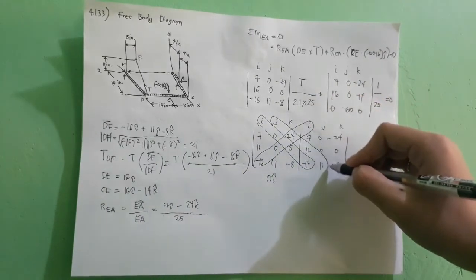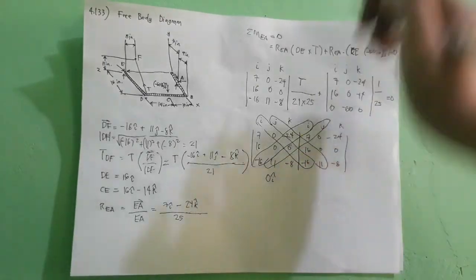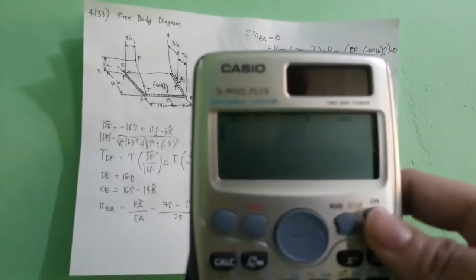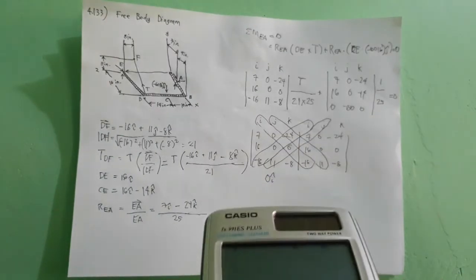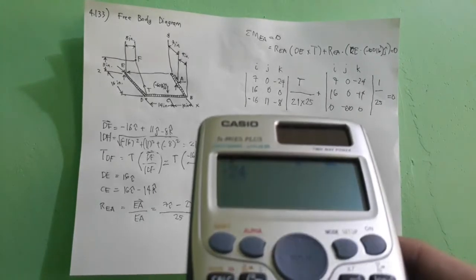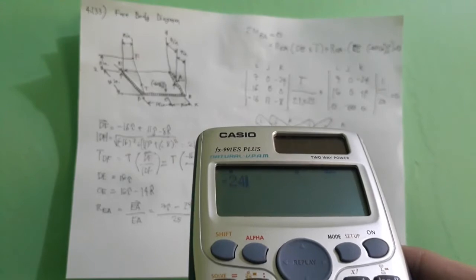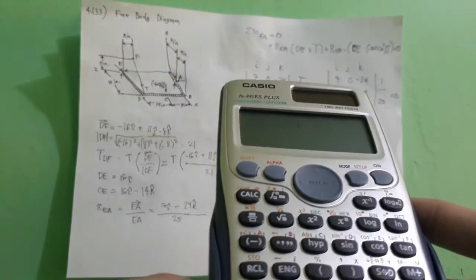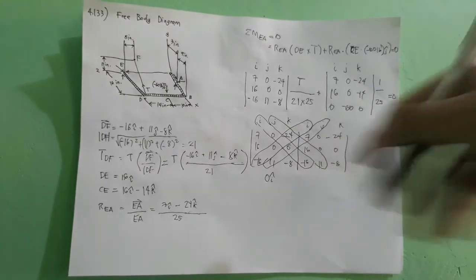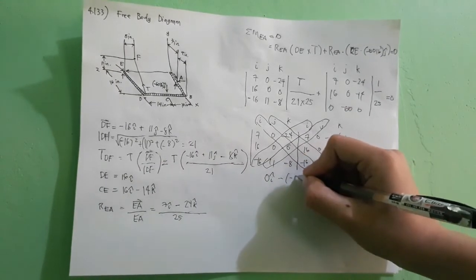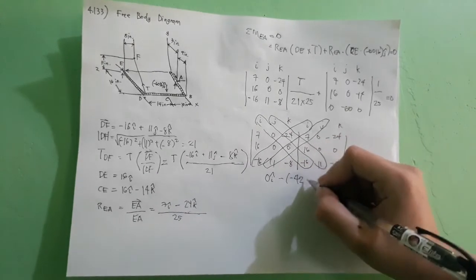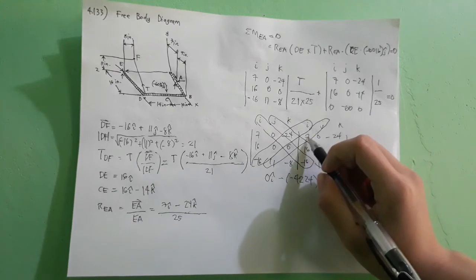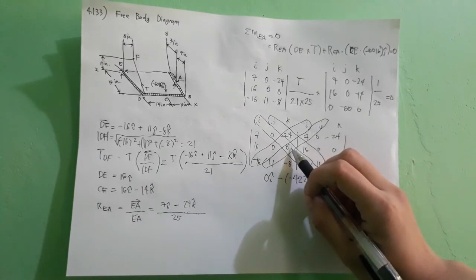Next is the j. Negative 24 times 16 times 11 is equal to negative 4,224. The 7 times 0 times 11 equals 0.